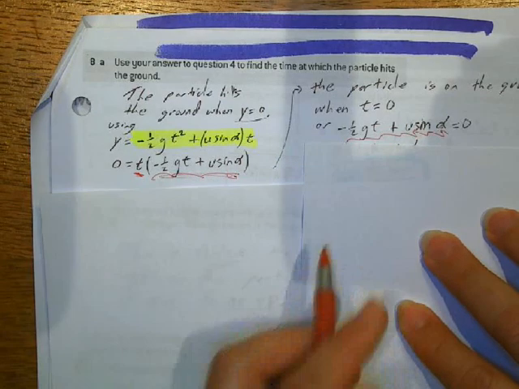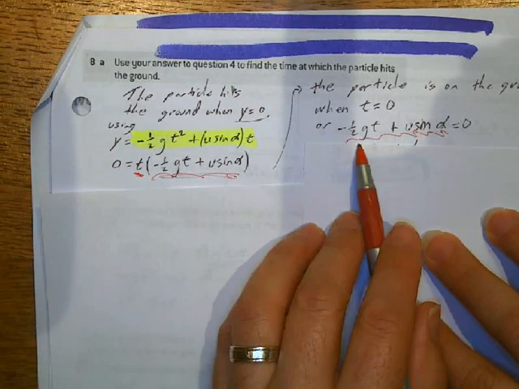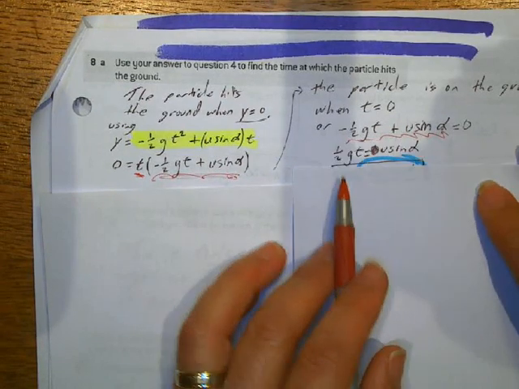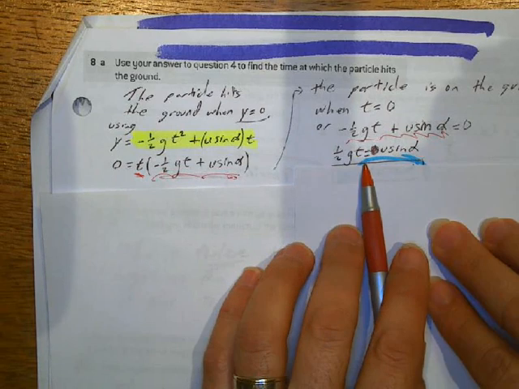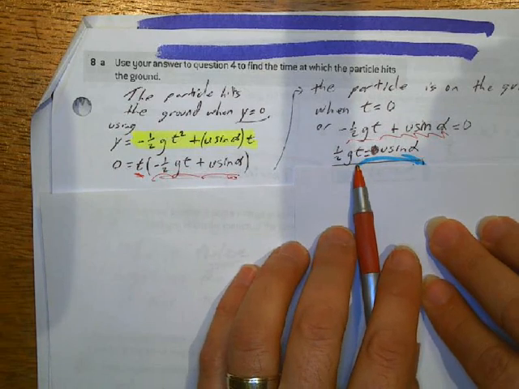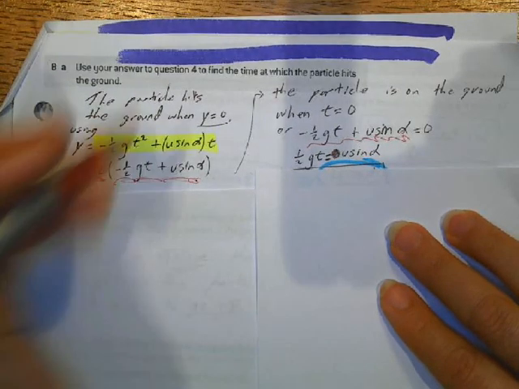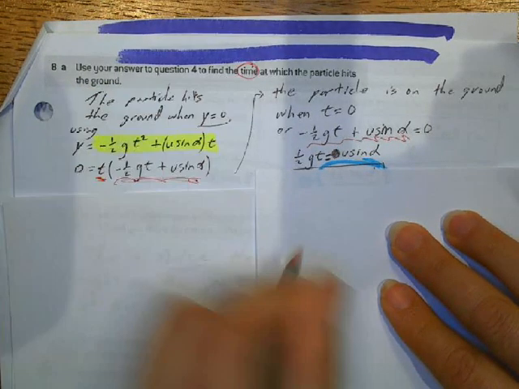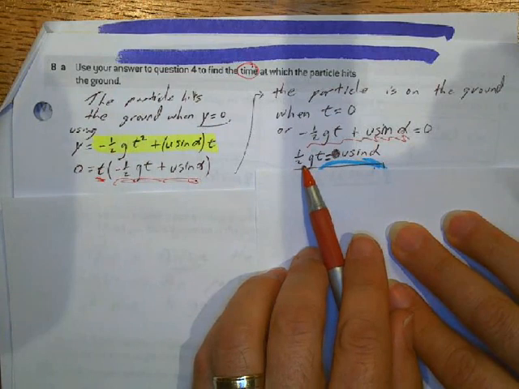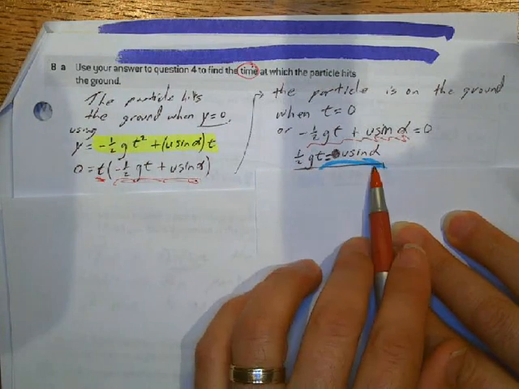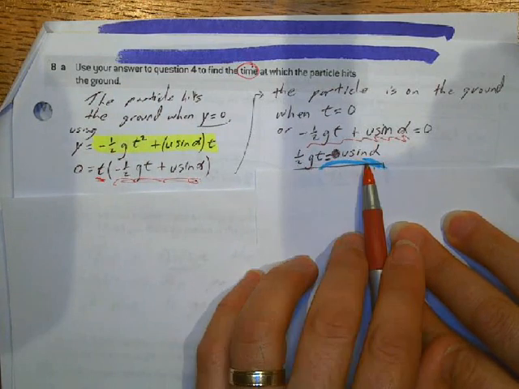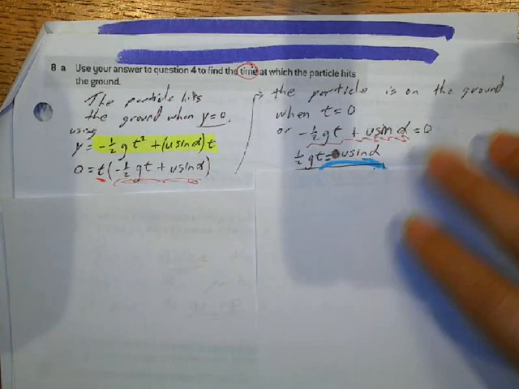I'm going to make this equal to 0 so I can add 1/2 gt on both sides, and we want to find out the time. So to find time, I'm going to divide both sides by gravity and multiply both sides by 2. And then I get this.